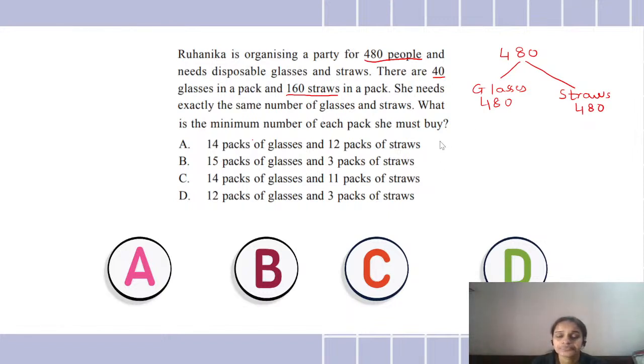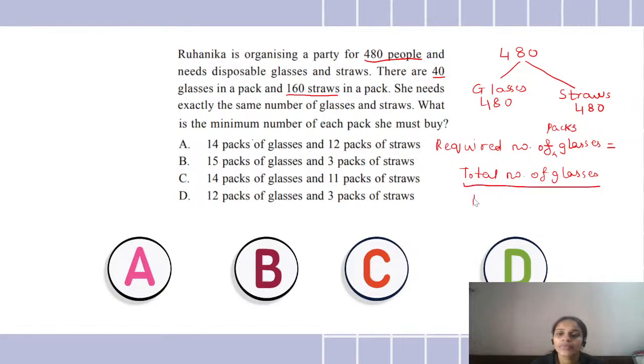So here if I write required packs of glasses, because we know how many glasses we need. So here we have to find out how many packets. So the number of packs equals total number of glasses divided by number of glasses in one pack.